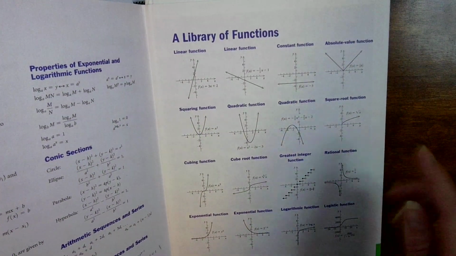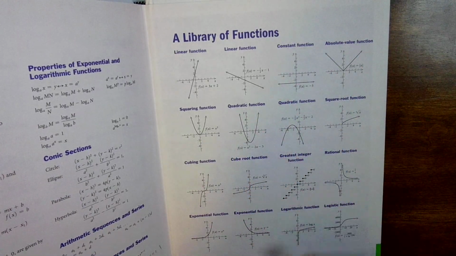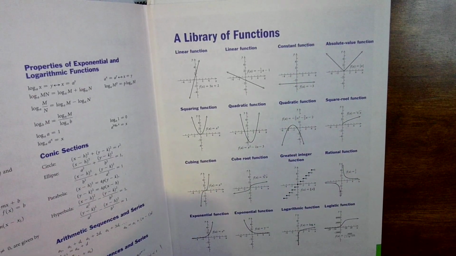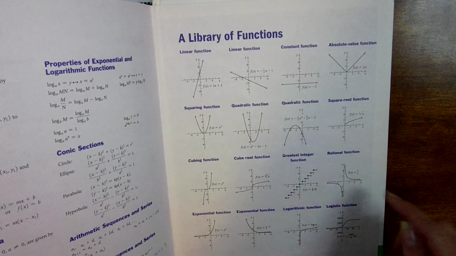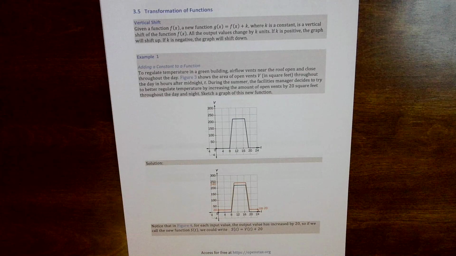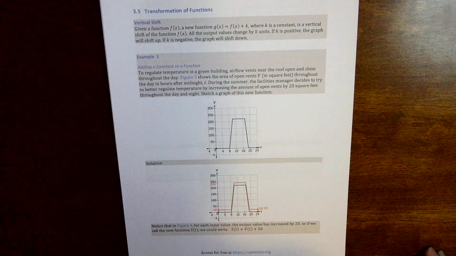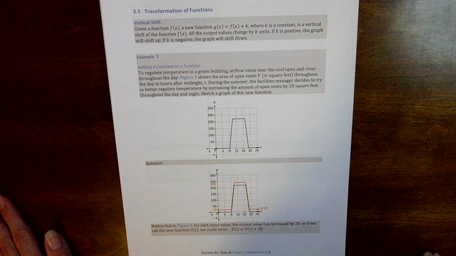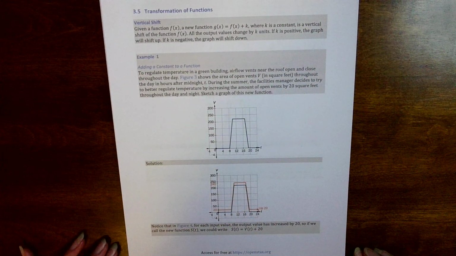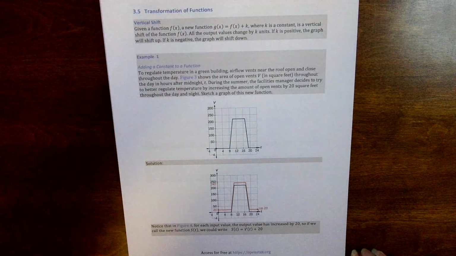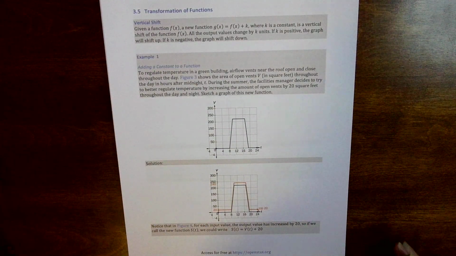So I could quickly look at functions and what they look like, the basic functions, and then see how they moved. Use these transformation rules to move them. So while this is nice for you to know, this is not do or die like it was for me. So that's how things have changed.